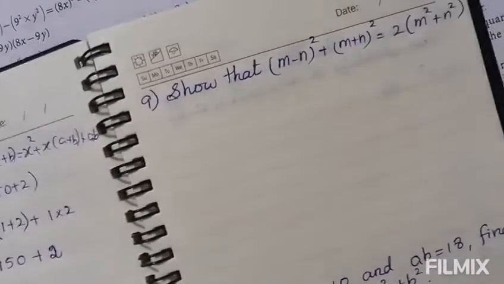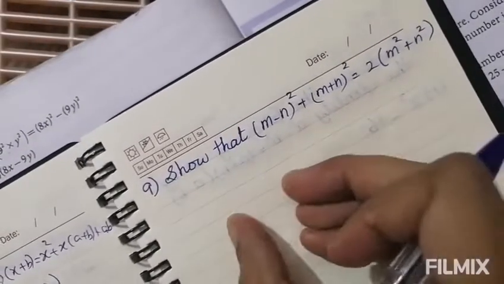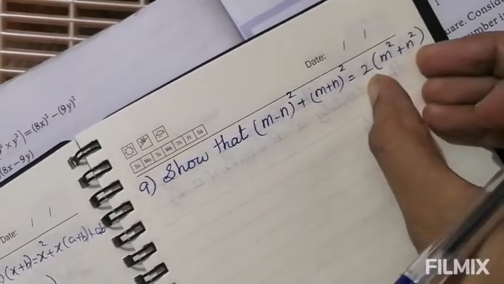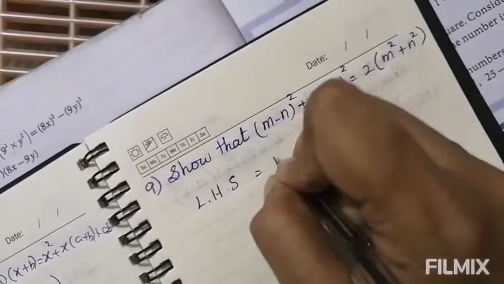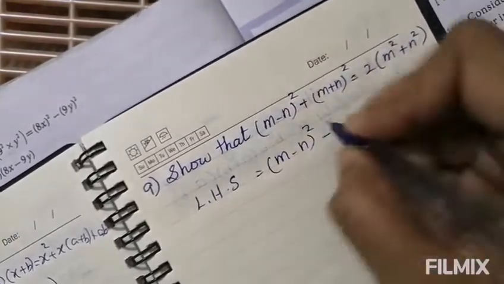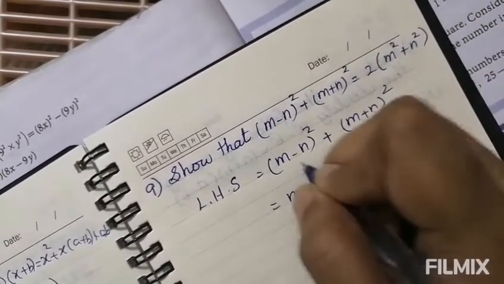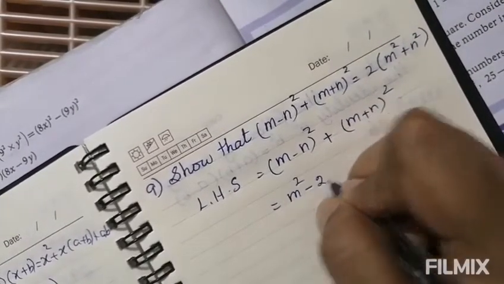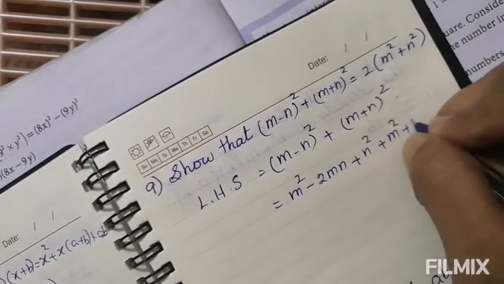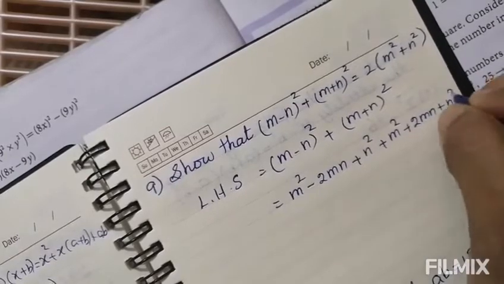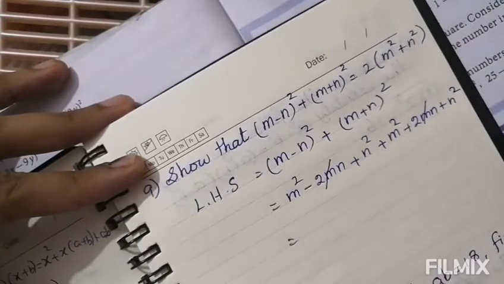Next, 9th question. Show that. Given means first you take the left hand side and simplify, and it is equal to the right hand side. So first I write the LHS, that is (m minus n) the whole square plus (m plus n) the whole square. So we know the formula (a minus b) the whole square: m square minus 2mn plus n square plus m square plus 2mn plus n square, which is equal to minus 2mn plus 2mn get cancelled.